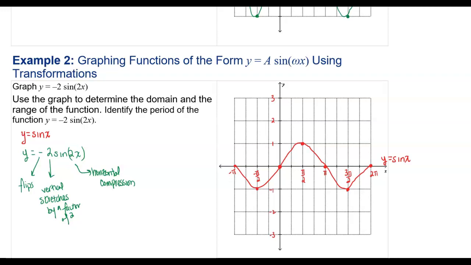Well, if we take a look at the 5 points that we graphed for sine of x, we had 0, pi over 2, pi, 3 pi over 2, and 2 pi. Well, if we're compressing it by a factor of 2, that means we divide each of these by 2.